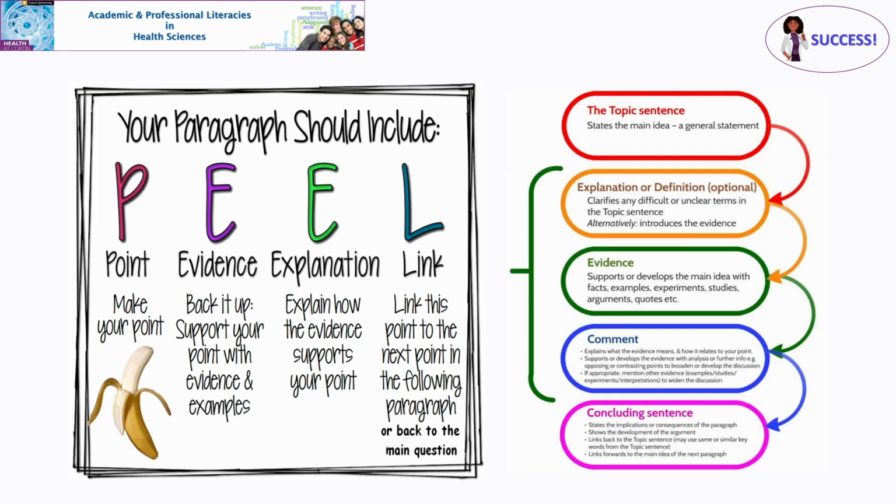And we need to provide links to the previous topic and paragraph and to the following paragraph. So here we have two different models showing what our paragraph should include most of the time.